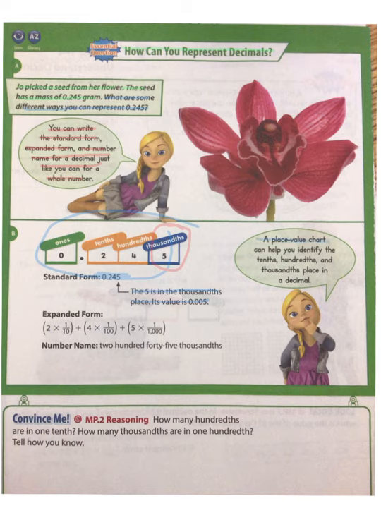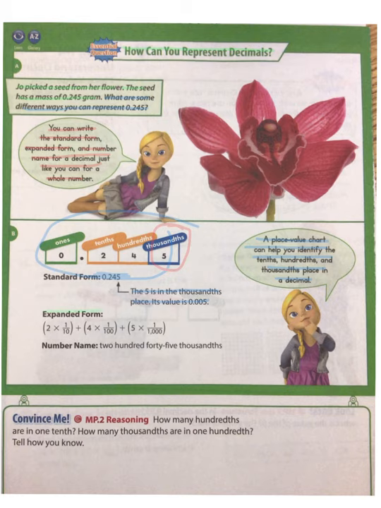A place value chart can help you identify the tenths, hundredths, and thousandths place in a decimal. So just like we did yesterday when we were playing the game, we can use that place value chart to help us. Now we're going to talk about writing an expanded form. When we write an expanded form, we're expanding the number out.